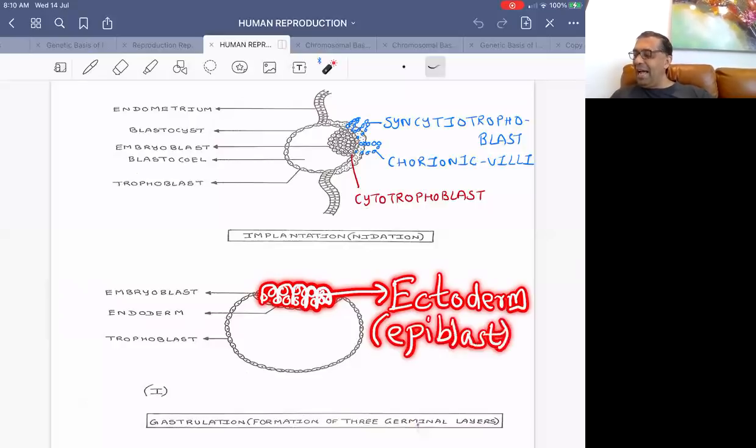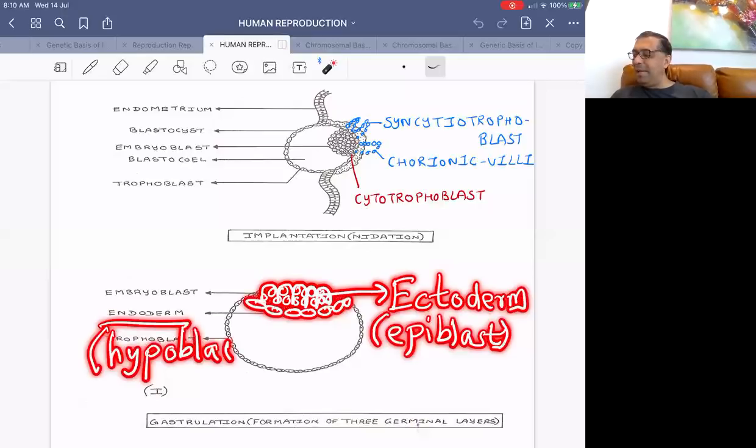So we have the lowermost layer, the endoderm, also called the hypoblast, and above it the ectoderm of tall columnar cells, which is the epiblast. So two germinal layers have formed. Such a simple process so far.